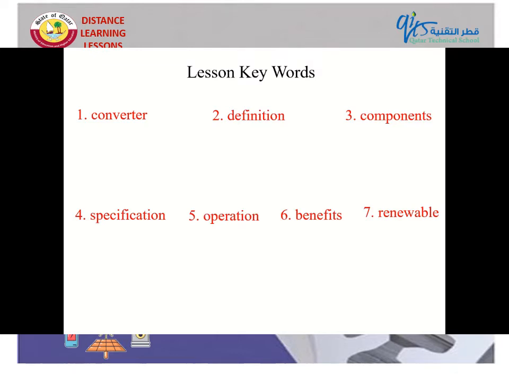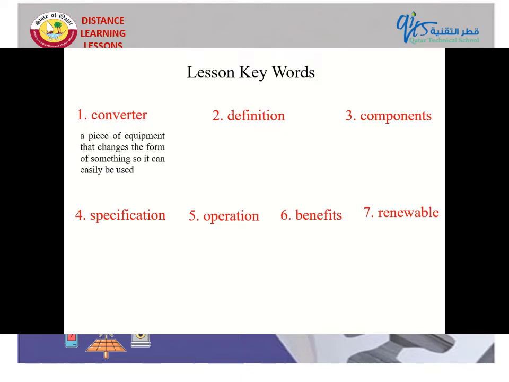Components, components. Specification, specification. Operation, operation. Benefits, benefits. Renewable, renewable. Very good.